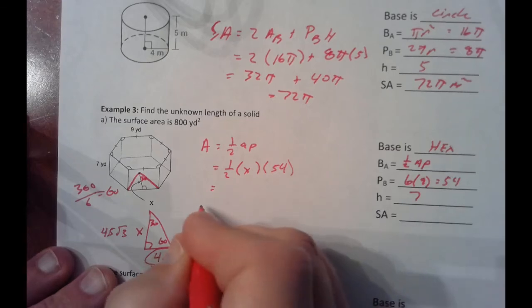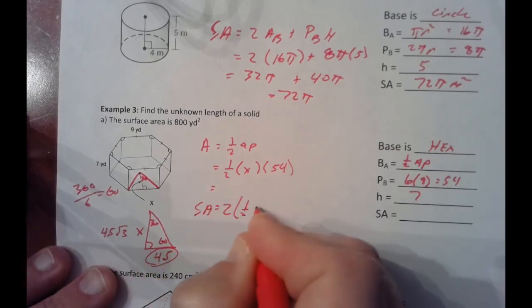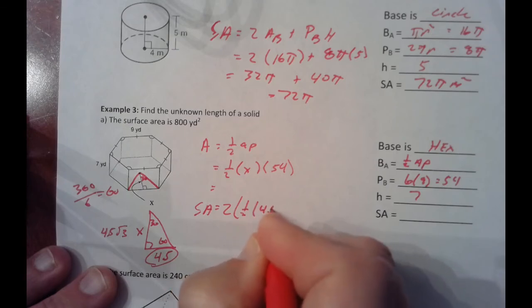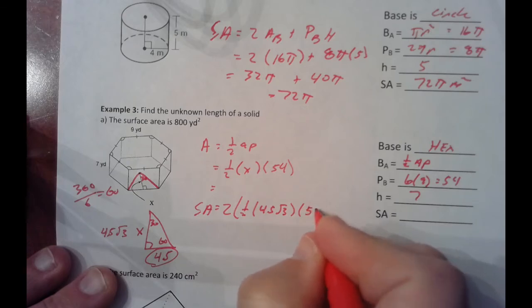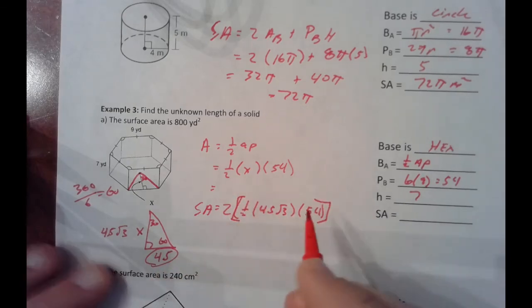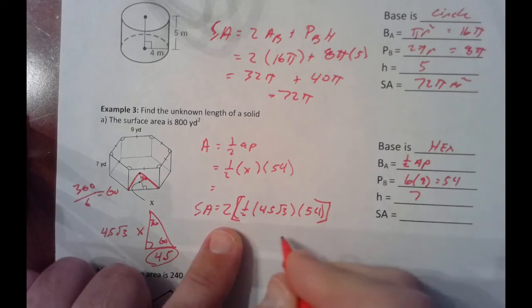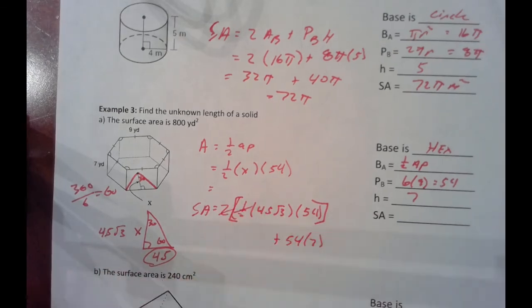All right, so then my surface area is 2 area of the base times the perimeter. All right, let's see, let's get a bracket in there. So there's my 2 area of the base plus perimeter of the base times the height. So again, my 2 and my half are going to cancel out.